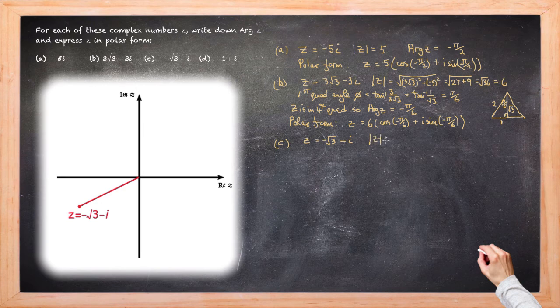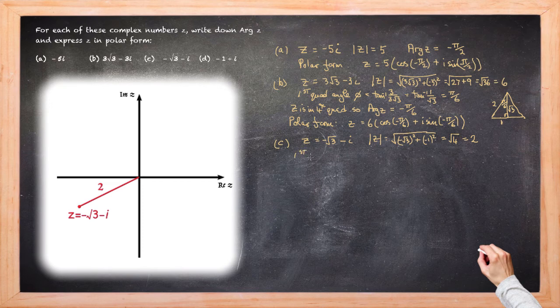That's the square root of the real part squared, negative root 3 squared, plus the imaginary part squared, negative 1 squared. So that'll give us 3 plus 1 is root 4. So it's 2 for the modulus of that complex number.